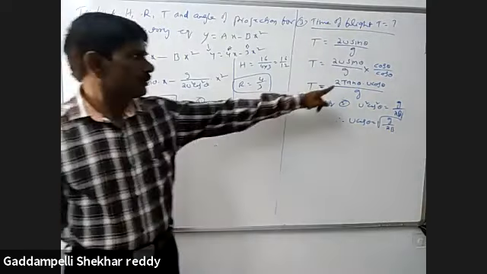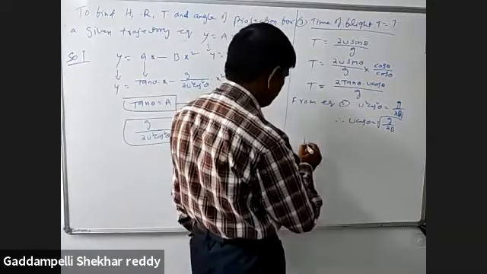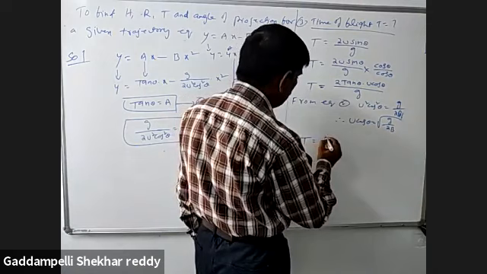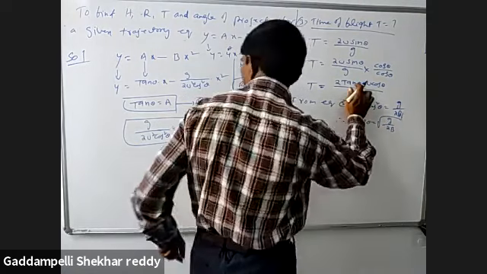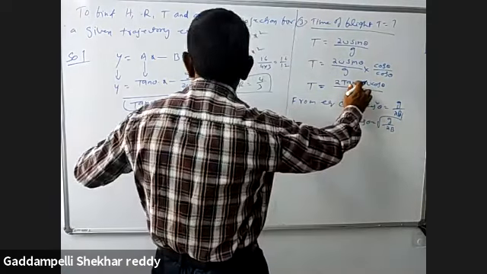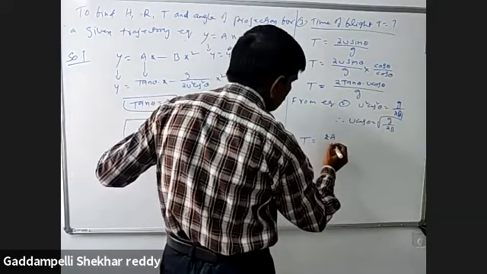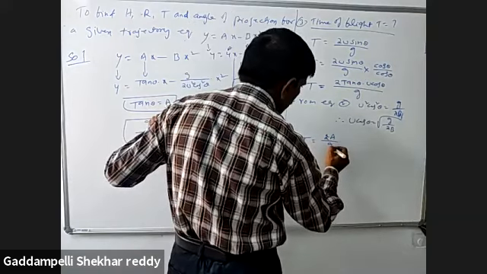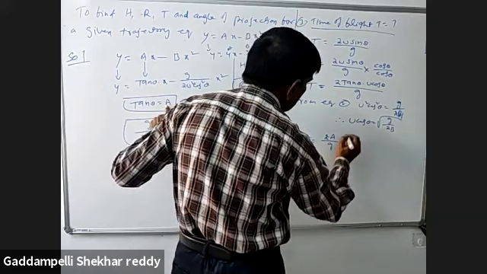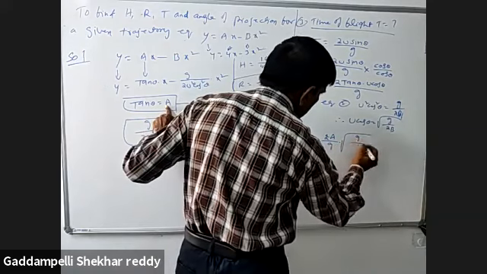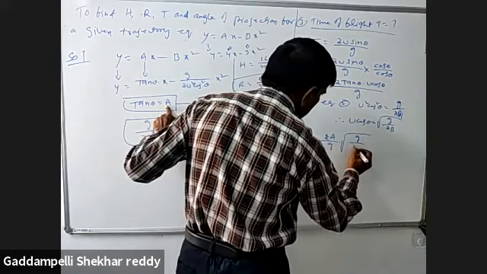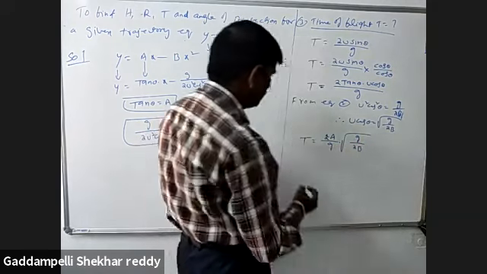Now substituting the u cos theta value here, T is equal to tan theta value, which is a, by g into the u cos theta value, under root of g by 2b.